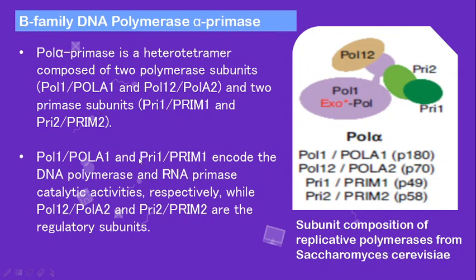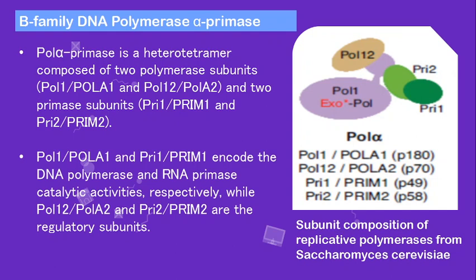POL1 and PRI1 encode the DNA polymerase and RNA primase catalytic activities, while POL12 and PRI2 are the regulatory subunits. So it has 2 catalytic subunits and 2 regulatory subunits. These are the 4 subunits of the enzyme DNA polymerase alpha: POL1, POL12, PRI1 and PRI2.